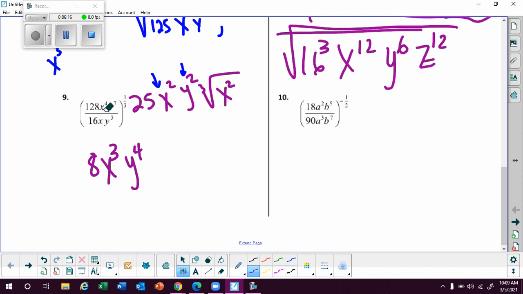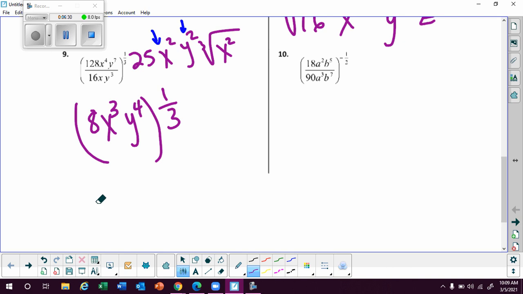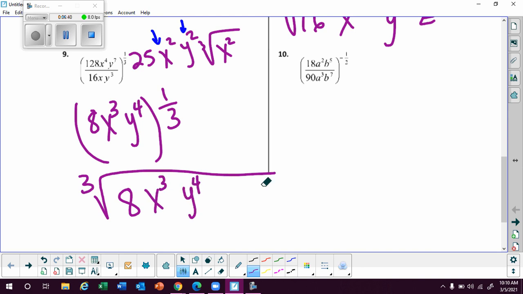Because the x got eliminated and the y got eliminated, but we still need to do 1/3 of it, the cube root of it. So this is going to look like the cube root of 8 x cubed y to the power of 4.